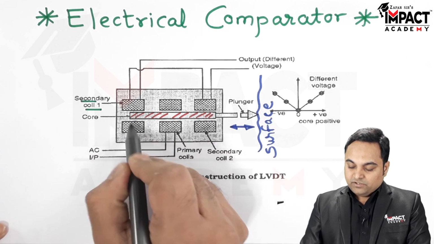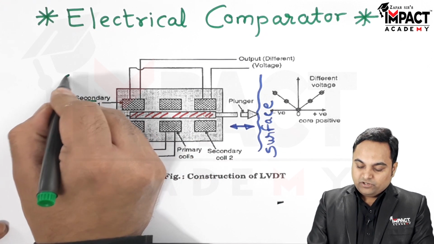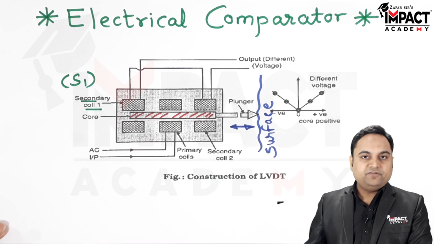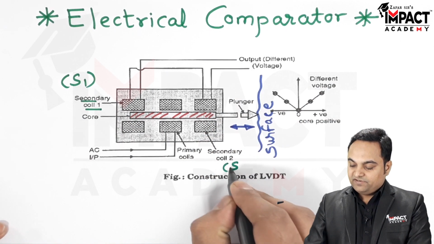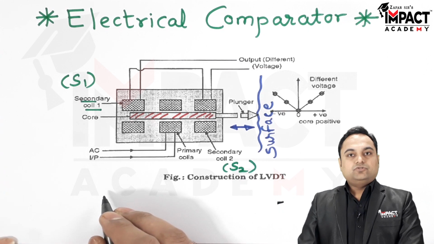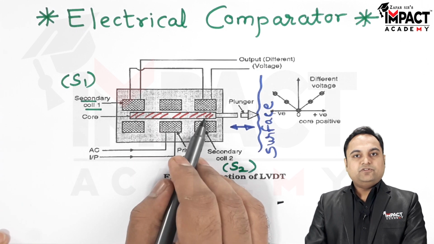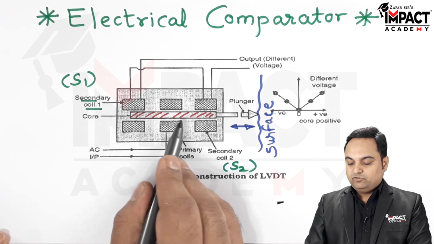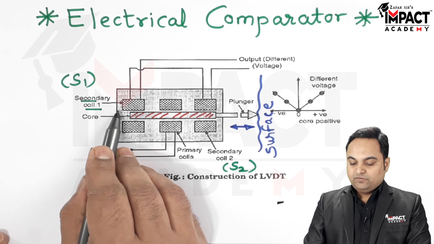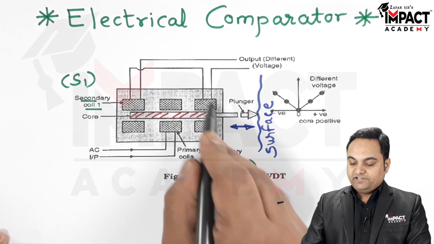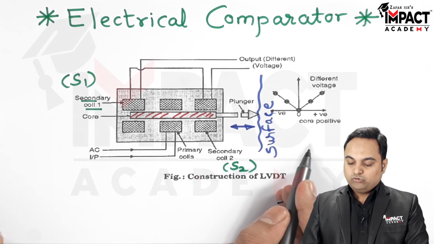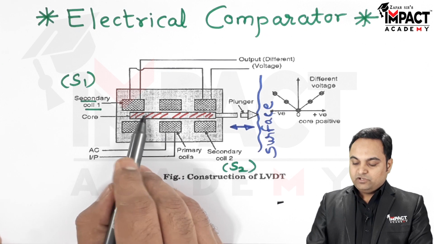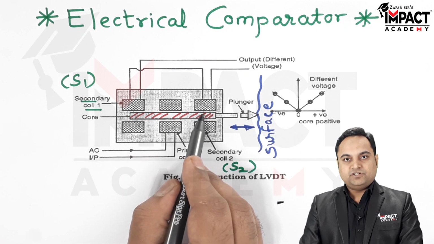As we can see, on the left side we have secondary winding S1, and on the right hand side we have secondary winding S2. If the core is exactly at the center position, it would be cutting an equal amount of magnetic field, inducing voltage into the secondary windings of equal amount but out of phase with each other. So the output voltage would be 0 if the core is exactly at the central position.